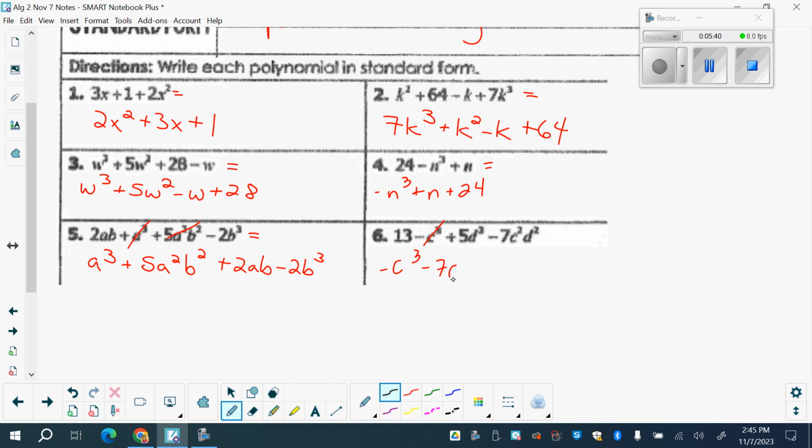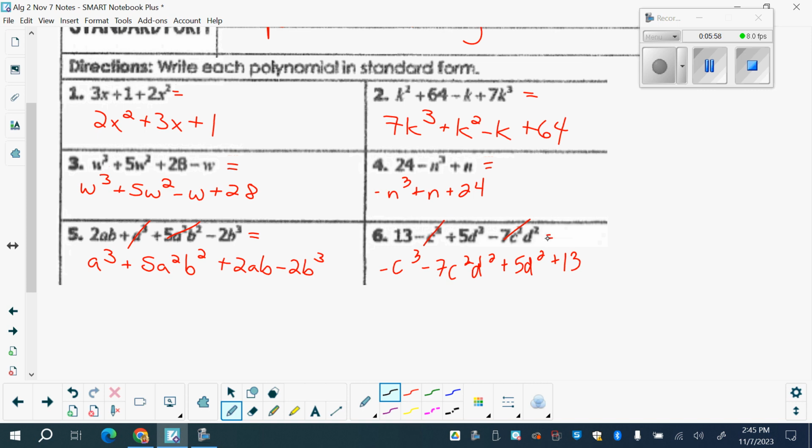Negative 7c squared d squared. And then what's next? 5d squared, and then plus 13. So that would be the standard form there.